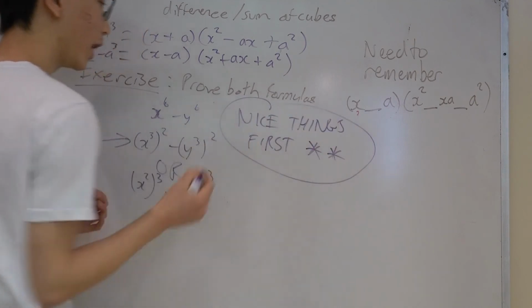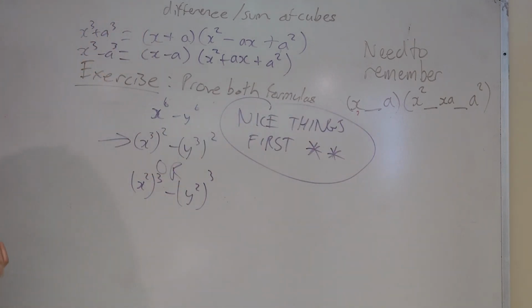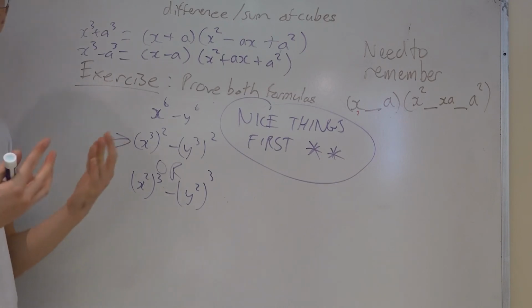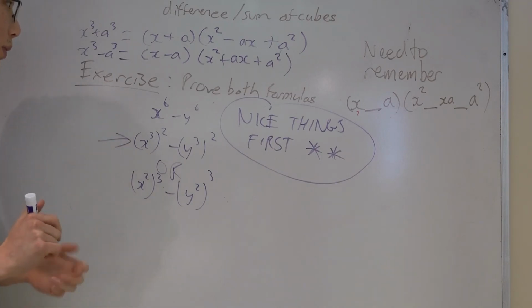Okay? If you're taking notes, this is a good thing to note down, right? So if you're doing a factoring problem, always do the nicer thing first. Do the easiest thing that you can see, and if you get that out of the way first, you'll be sure to get the factoring in the lowest form possible.